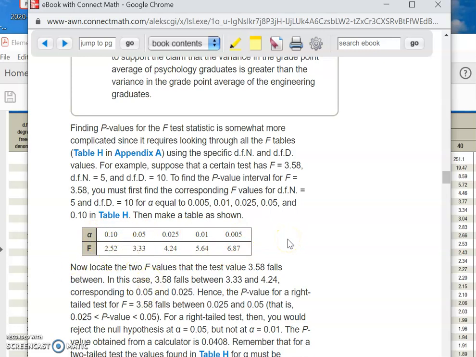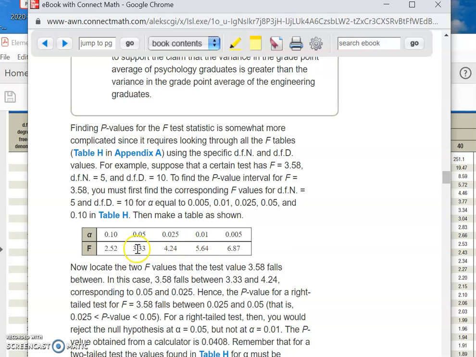Now it's very simple from this point, because for a test value of 3.58, where is it? Is it between here and here? No. Is it between here and here? No. Is it between here and here? Oh, wait a minute. Yeah, it is.